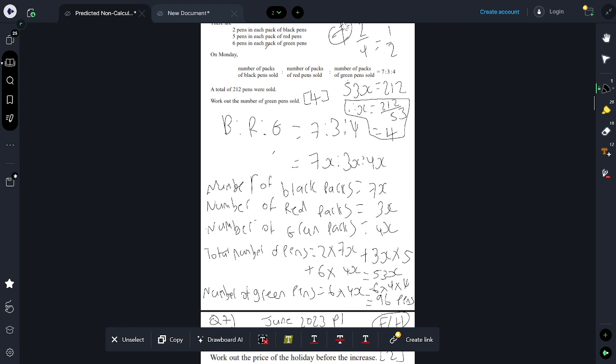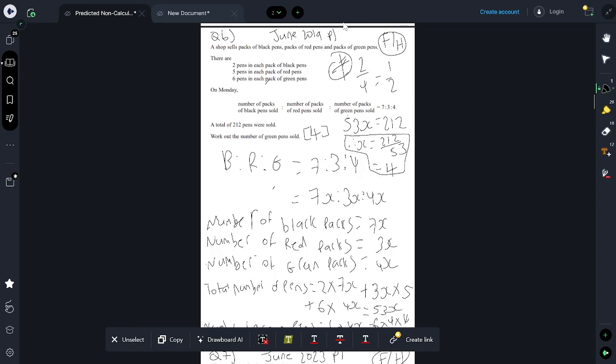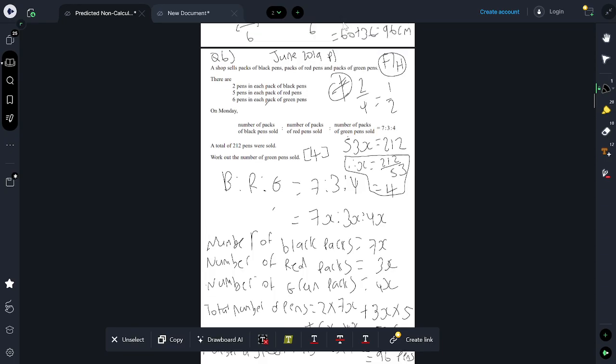Okay, so the central idea with this is to make sure you realise that this ratio is just a ratio. It's not the exact amount of how many packs there are. It's just telling you a ratio, like with the fractions.